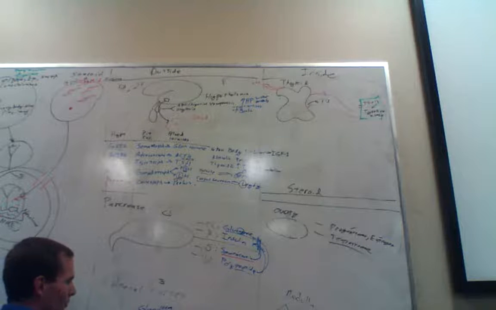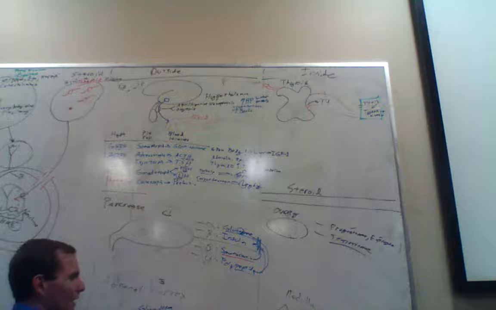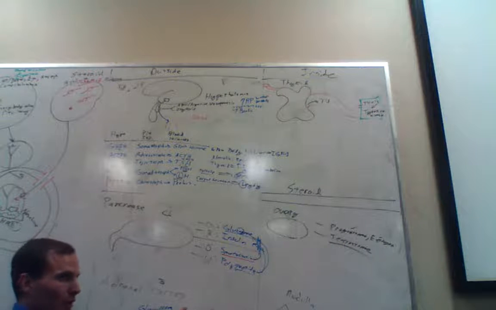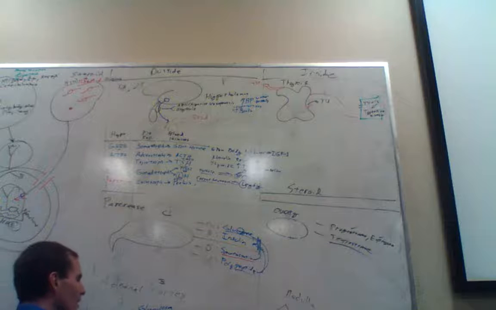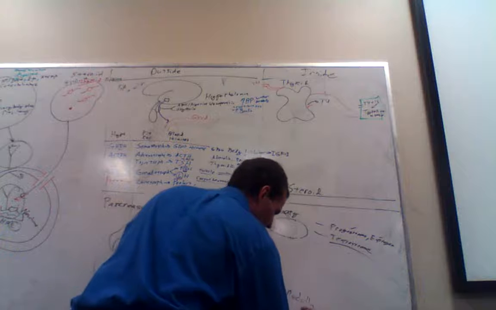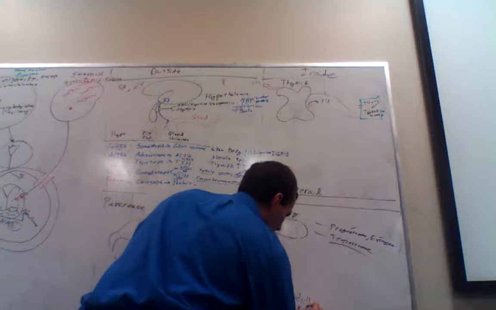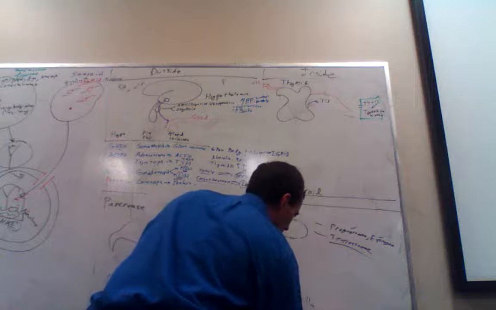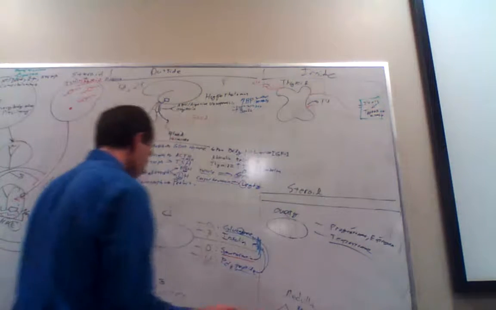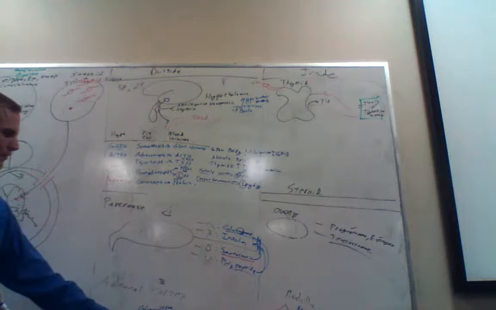And then the zona fasciculata is the lattes, what you would add sugar to, so they're going to be the glucocorticoids. And then the zona reticularis is both glucocorticoids and androgens.